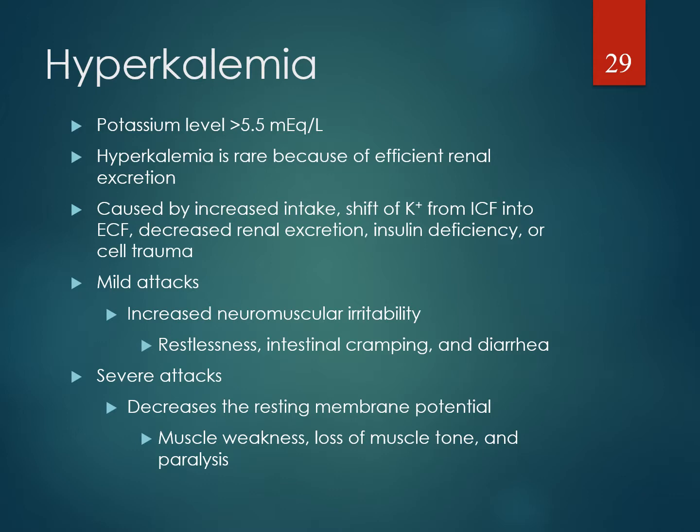Cardiac dysrhythmia, sinus bradycardia, atrioventricular block, paroxysmal atrial tachycardia. Hypokalemia increases the risk of digitalis toxicity. You might see electrocardiogram changes such as a flat T wave, which is a hallmark sign, ST segment depression, and the appearance of a U wave.